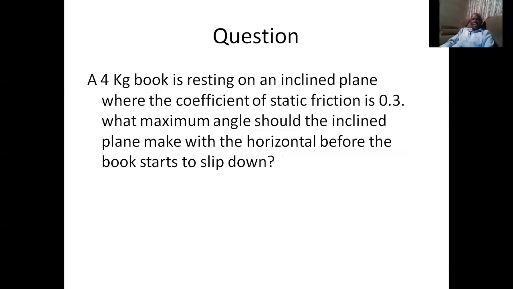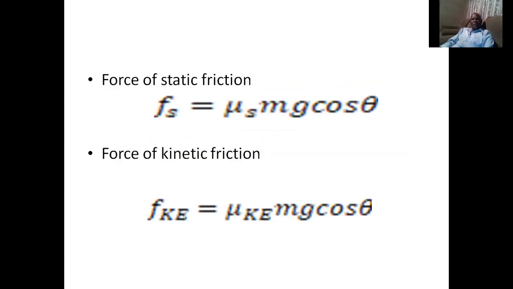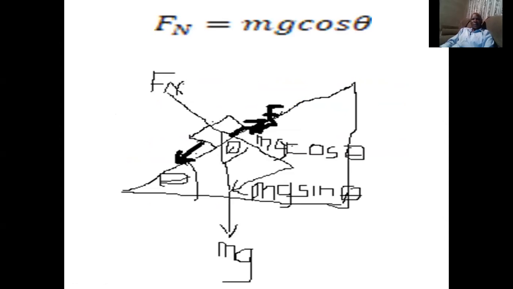This is the basic concept we have learned. The most important concept is that for an object which is not moving up or down, the normal force will be equal to mg cos theta.